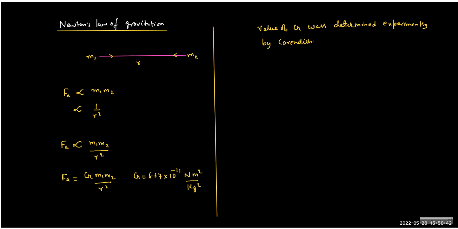So the value of G was determined experimentally by Henry Cavendish. I think that's the name. The setup was very simple. There was a suspension point, and there is a metallic wire.